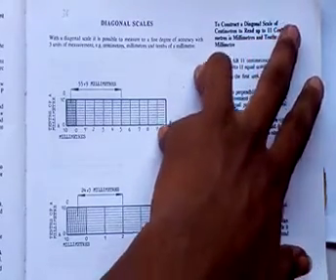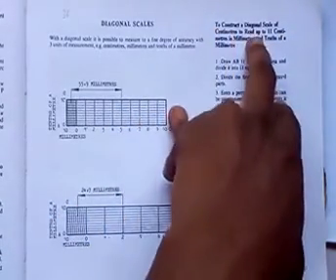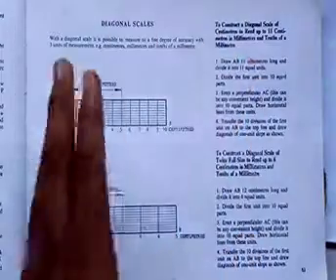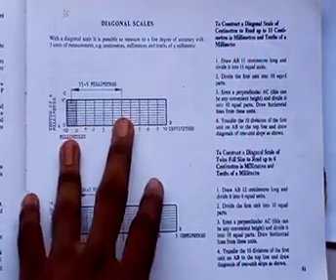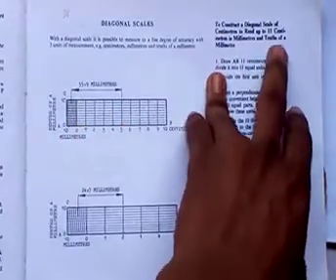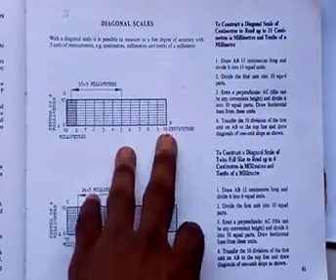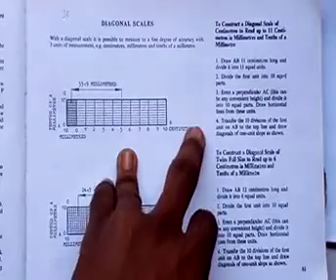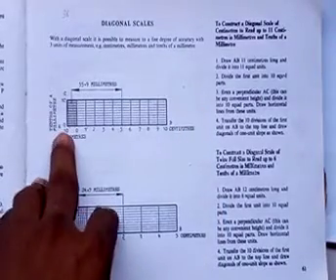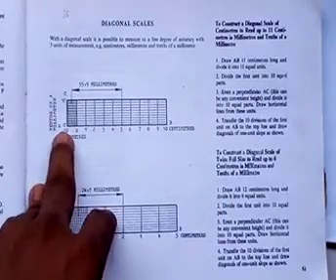You are measuring 11 centimeters with your ruler, and then in millimeters and tenths of a millimeter. So actually the real scale is in centimeters, but the diagonal scale will be in millimeters and tenths of millimeters.